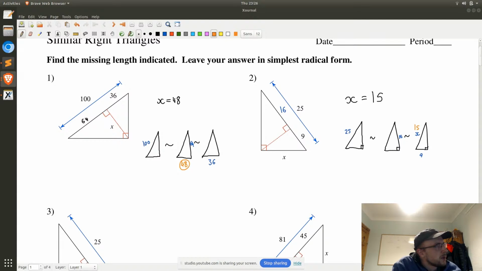It's just 3, 4, 5 triangle again. 3, 4, 5 triangle. And if it is the 3, 4, 5 triangle, then that makes sense.